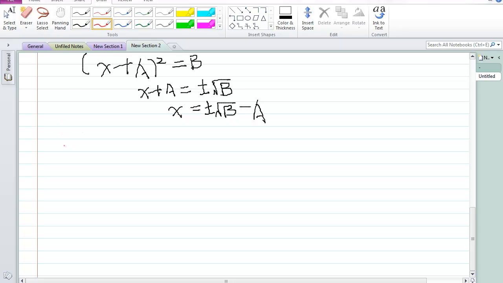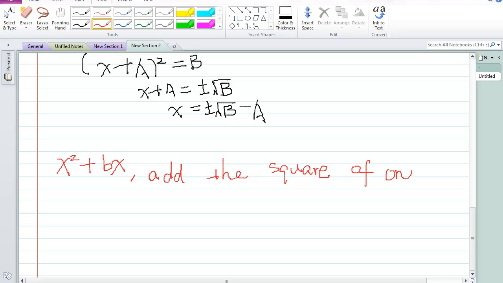The method you can use is, when you have x squared plus bx, you need to add the square of 1/2 of the coefficient of x.